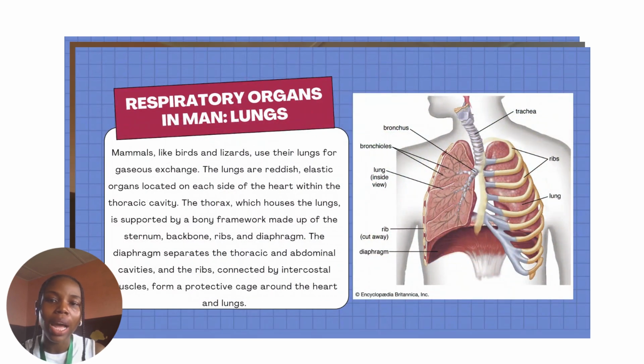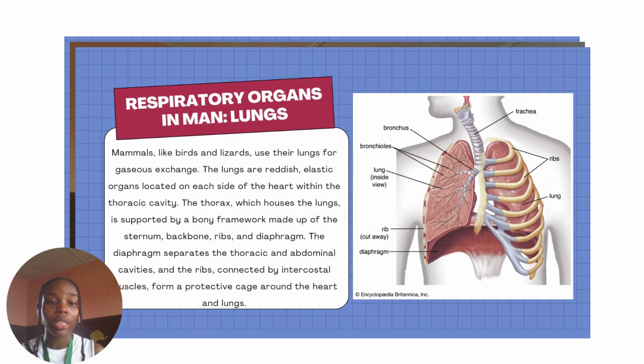Now, let's take a look at respiratory organ in man. Obviously, you all know, last week I told you that man make use of the lungs for their own respiration. Mammals, like birds and lizards, make use of their lungs for gaseous exchange.